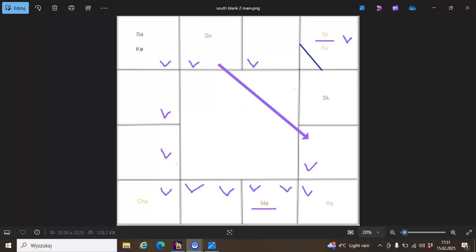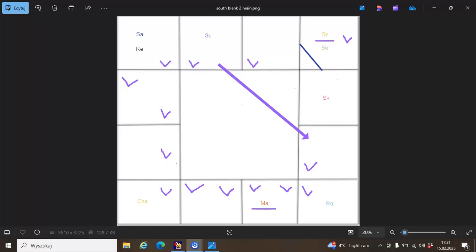From Rishika we'll jump 4 squares up to Kumbha or Aquarius. Then as the owner of the sign we will consider only Shani here. We'll need to find how many places from the sign of Kumbha Shani has managed to travel.